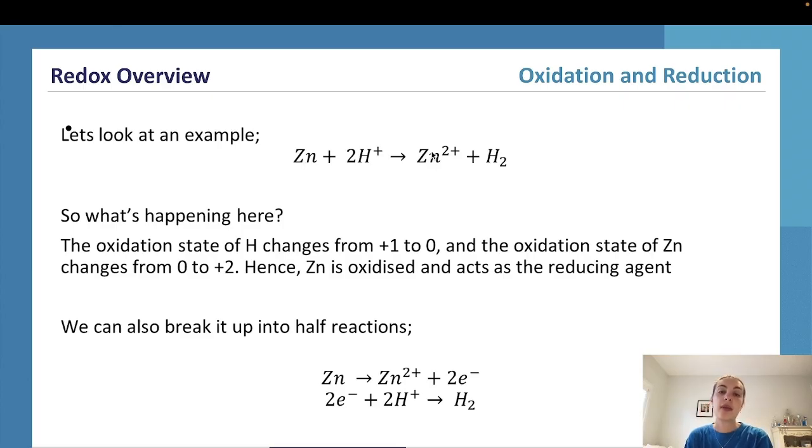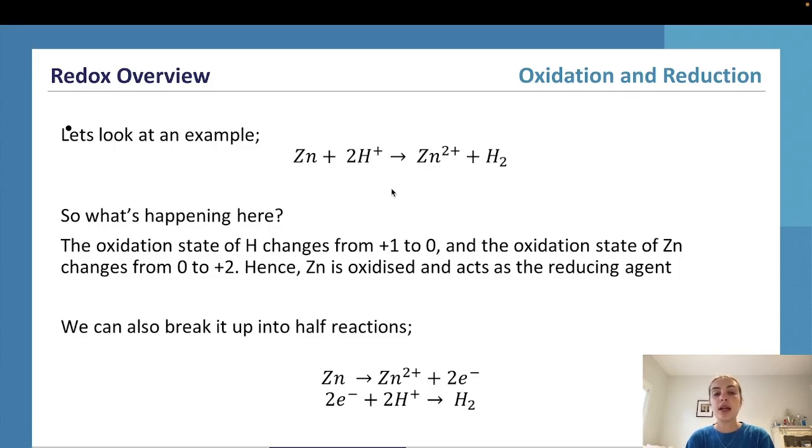And then obviously with our zinc here, it's got a charge of 2+, and that comes to part of rule 2, in that if the entire molecule is an ion, then the charge is going to be its oxidation state. And so that's the rule here, where we've got zinc 2+, its oxidation state is going to be 2+.